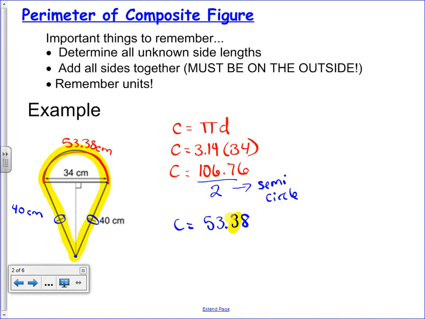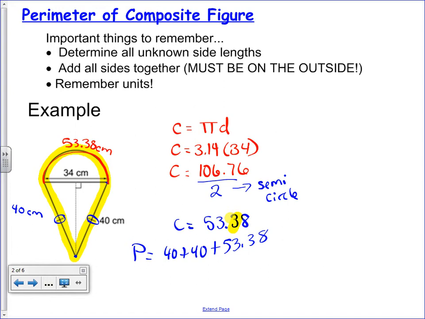Now when I want to calculate the perimeter of this, what do I have to do? Good, I add up all the sides. So I'm going to write here P to show that I'm calculating the perimeter. And then what will I write in here? What will I add together? Good, and why don't I add 34 in there? Because it's not on the outside, that's on the inside.